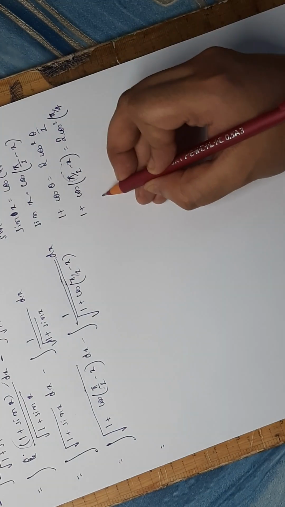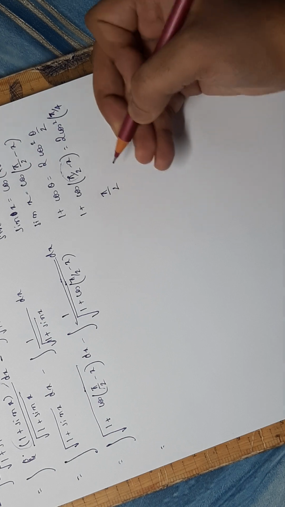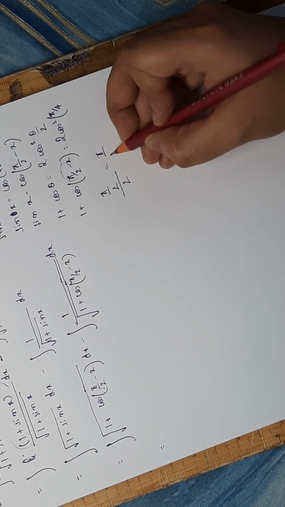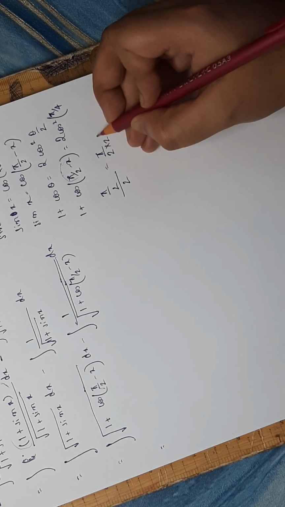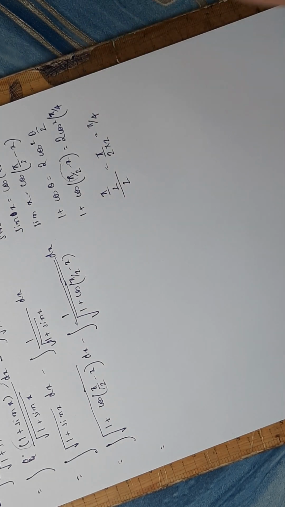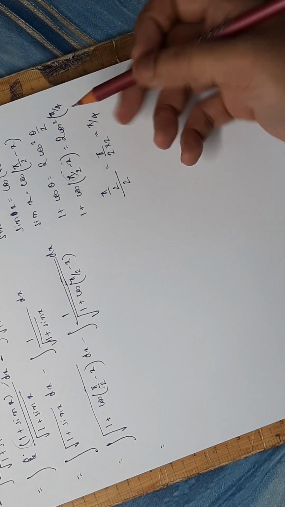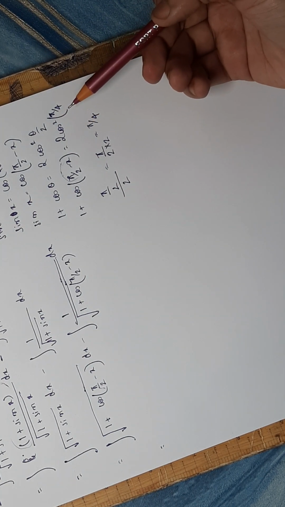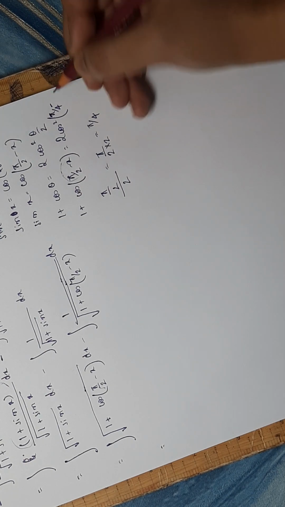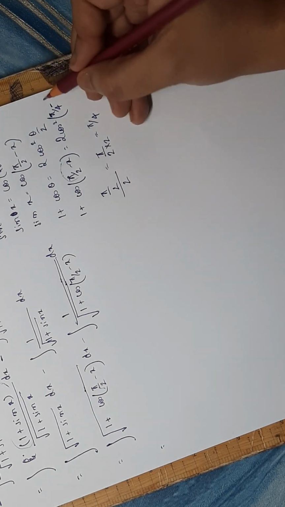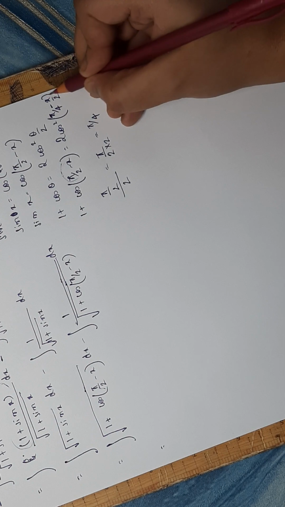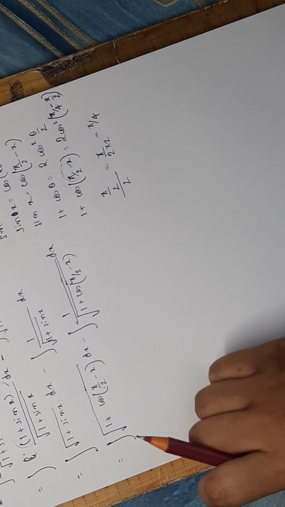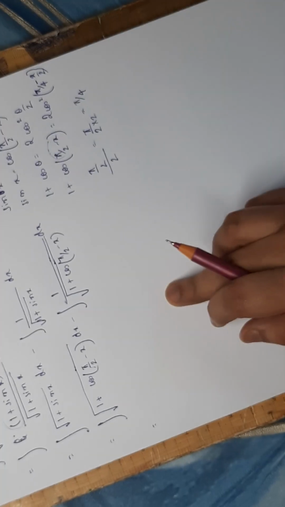Pi by 2 into 1 by 2 is nothing but pi by 4. So here also you will get 2 cos square of pi by 4 minus, and x also will get halved, so you get pi by 4 minus x by 2. You will have to replace this entire thing here.